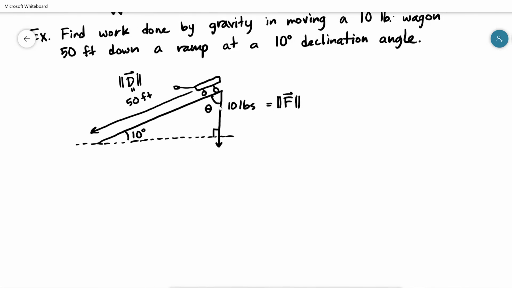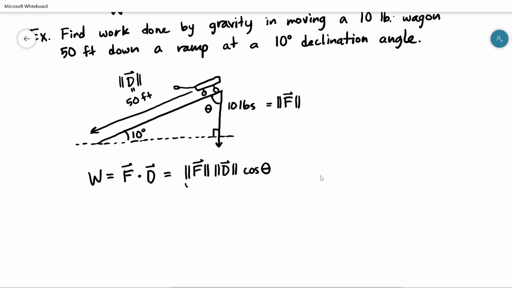in this case, the work, which is just going to be the force dotted with the displacement, I can use my formulation that says that that's just equal to the magnitude of the force times the magnitude of the displacement times the cosine of the angle in between. So I can use this definition of the dot product which we did earlier, the one that involves the angle between it and the two magnitudes.